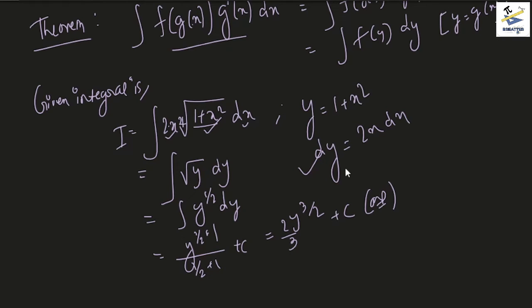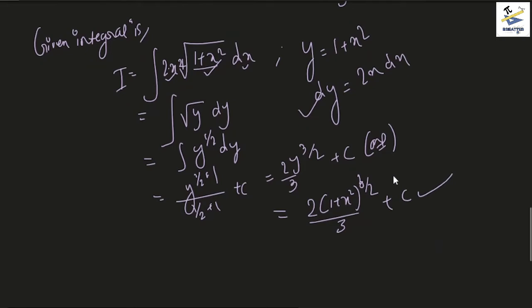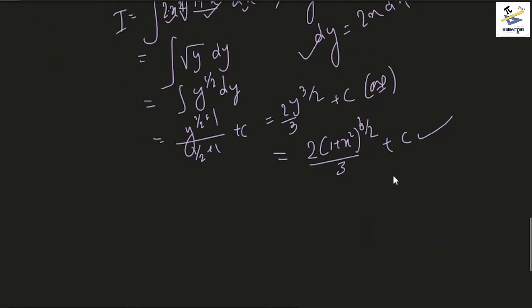And we can just substitute back to get our answer in terms of x, obviously. So it is basically 2 into 1 plus x square to the power 3 by 2 whole by 3 plus c. This is our integral, right? So this type of integrals can be solved, but you need to be a bit cautious about them.